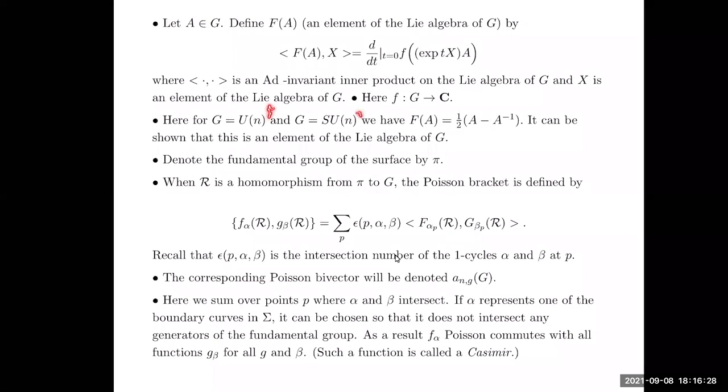For U(N), SU(N) and actually many other groups, F of A is just the difference A minus A inverse. It can be an exercise to see that this is actually an element of the Lie algebra. This was found by Goldman.